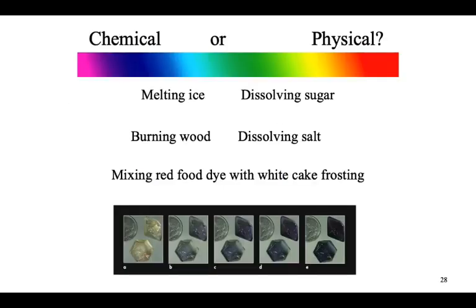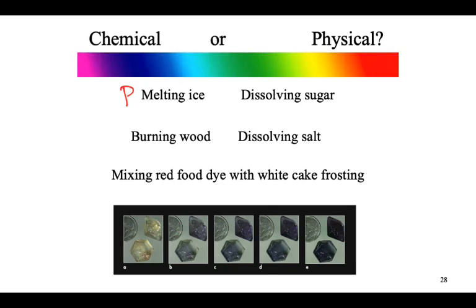Let's take a look at some of these examples, and you can tell me chemical or physical. What do you think? Melting ice. Why is that physical? Same substance, different phase. Reversible.